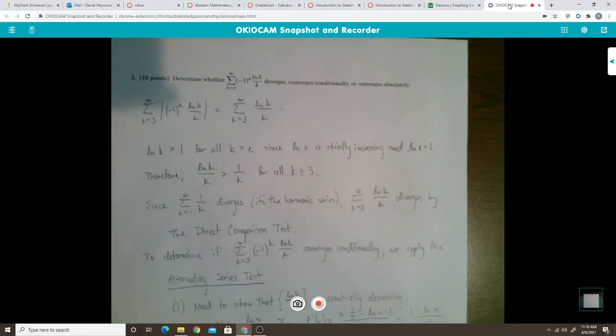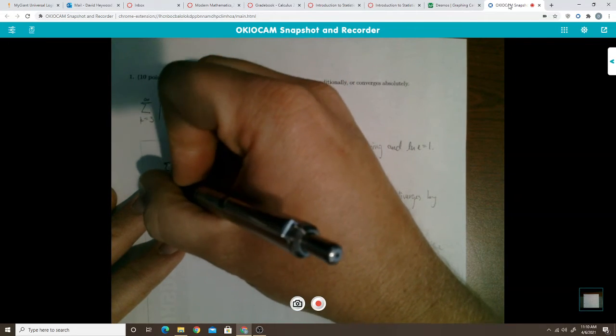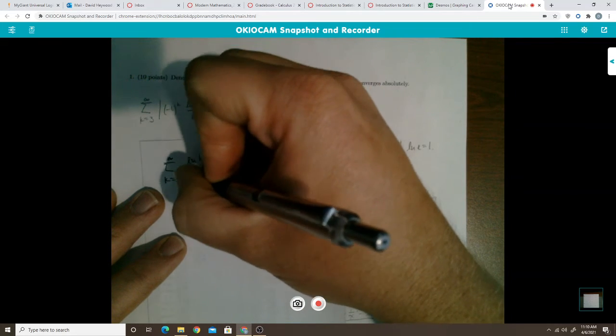Okay, so let's talk about that a little bit, because one of the most common mistakes I saw on this quiz, and this was very disheartening to me, is that a lot of you said, okay, I'm going to look at the absolute value of the thing, I'm going to get this sum, right?